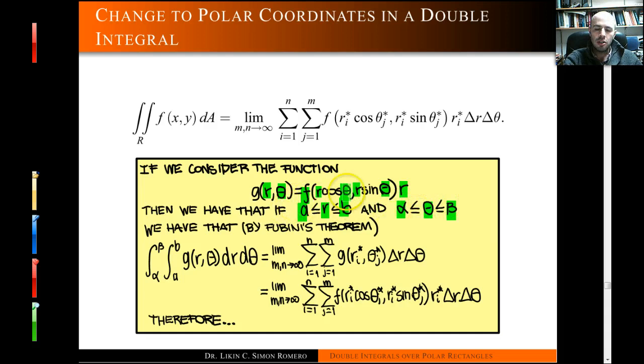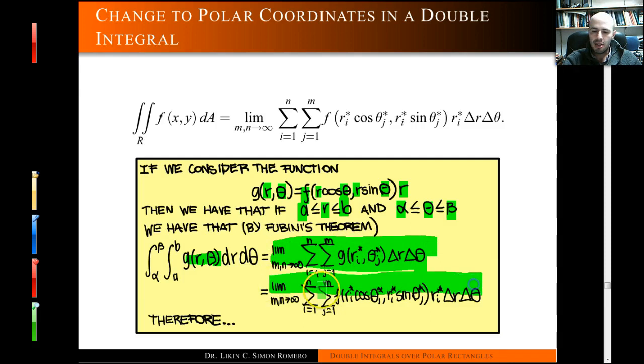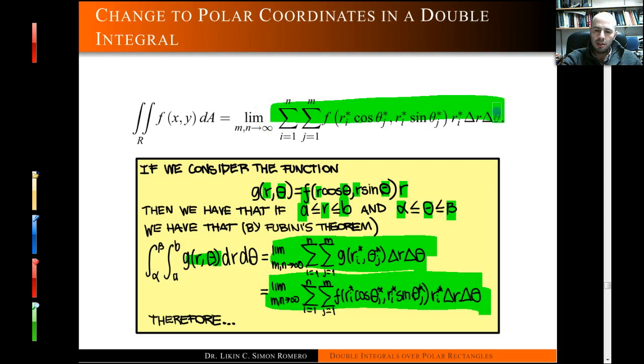If we consider them as just normal variables, not the ones that represent polar coordinates, by Fubini's theorem we know that the iterated integral is actually equal to its Riemann sum. But now the Riemann sum of these things is the same as the Riemann sum that we have here over the top.